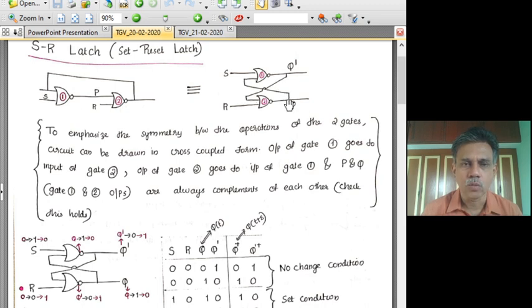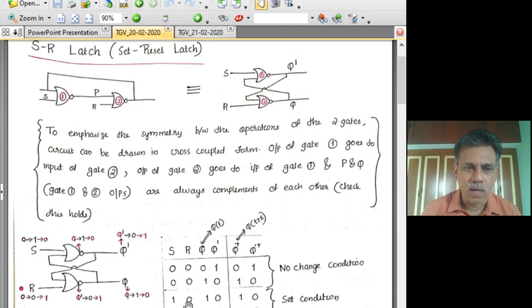So the Q that is present at the output of the NOR gate, ORed with 0, will be Q before the bubble and Q dash after the bubble. And this Q dash here being ORed with 0 will lead to Q bar before the bubble and Q after the bubble. So the value of Q remains the same as long as S and R are both zeros.